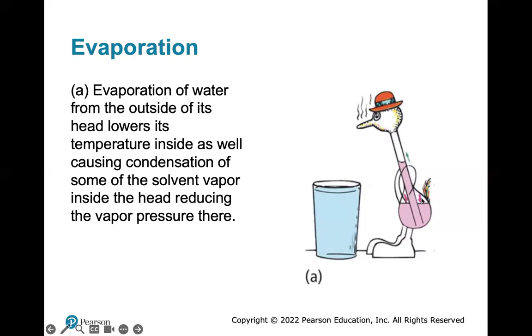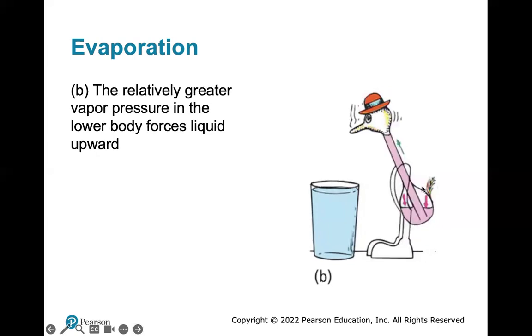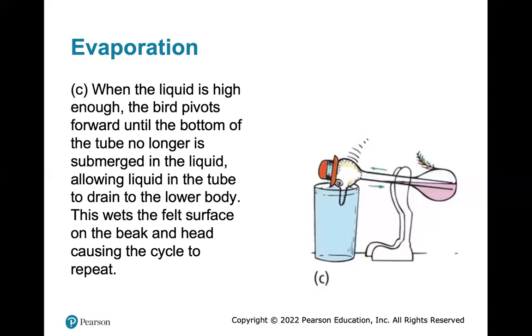That means the pressure is higher here, and it pushes the fluid up. As the fluid pushes up, it makes the top heavy, and it leans forward. The relatively greater vapor pressure in the lower body forces liquid upward. So as it goes upward, it becomes top heavy and it tilts.